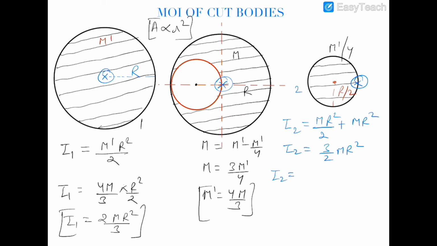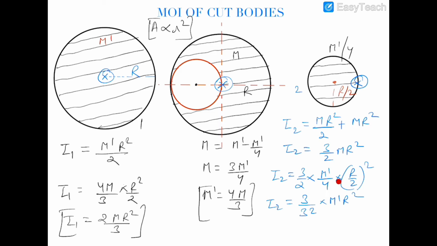Now after substituting the values of mass and the radius, I can easily see that the mass is m dash by 4 and the radius is r by 2. So I2 would be equal to 3 by 32 into m dash into r square, because this is 2 and this is 4.